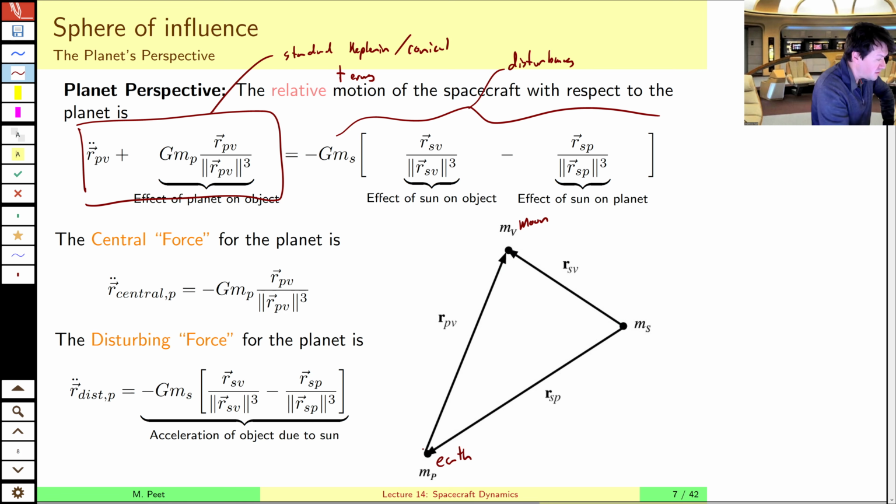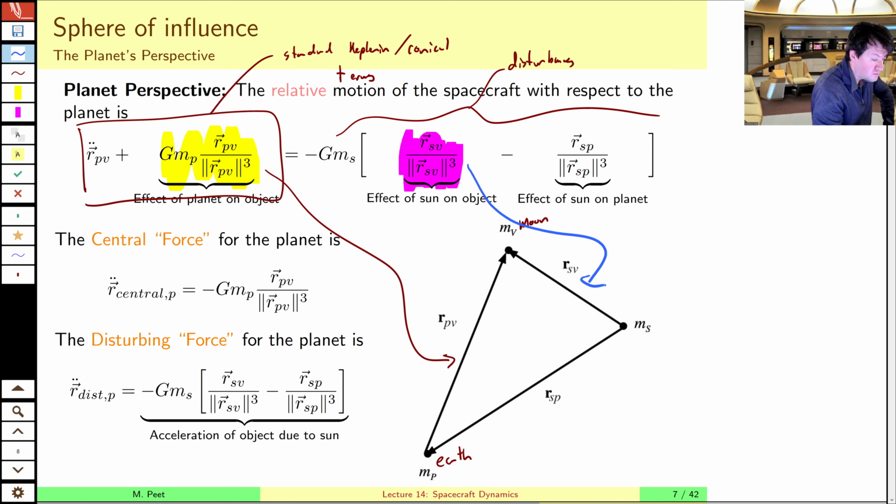Here's the moon, there's the Earth. So that's the standard orbit equation. This term is the effect of the sun on the moon. So standard stuff, the standard orbit of the moon about the sun.